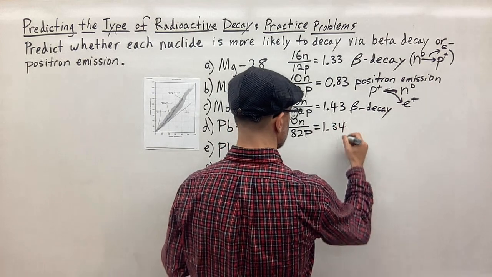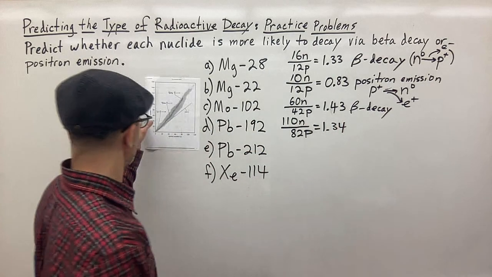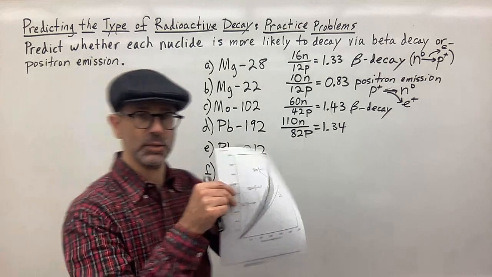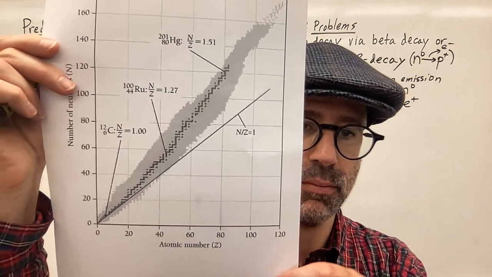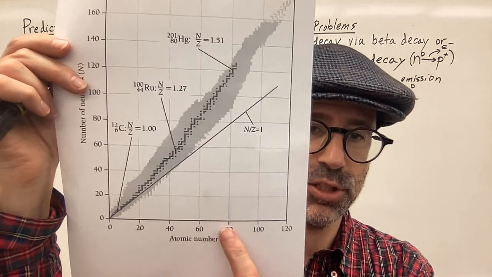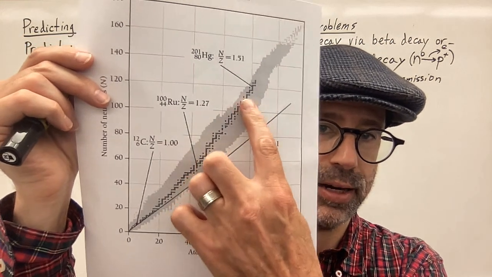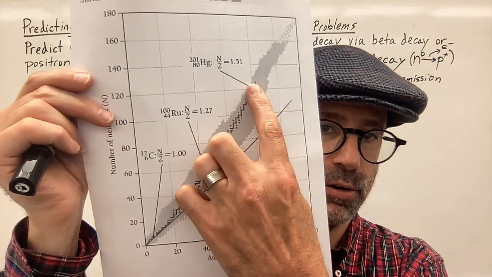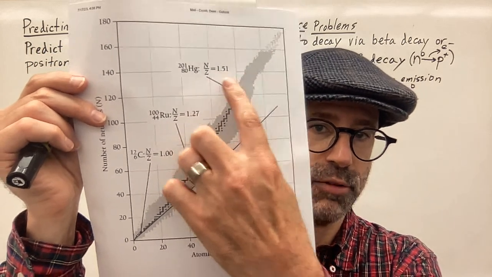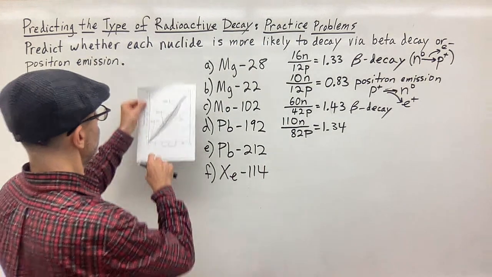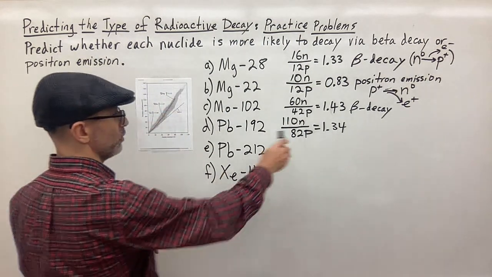1.34 for the ratio. And if we look on our valley of stability again, we see here 82 is over here. You go up, and we're up here. And so you can see that the ratio should be about 1.5, right? So that would be stable. But here we get 1.34.